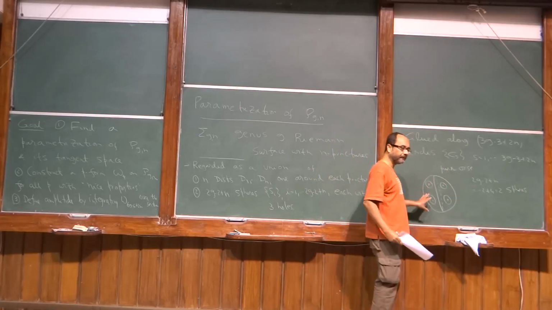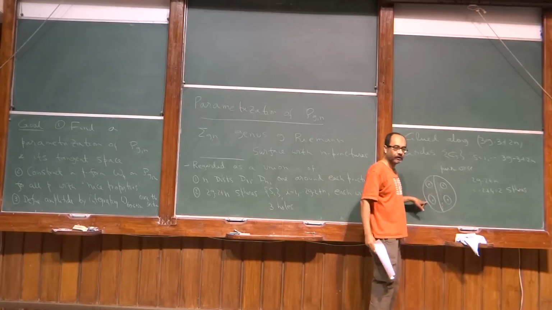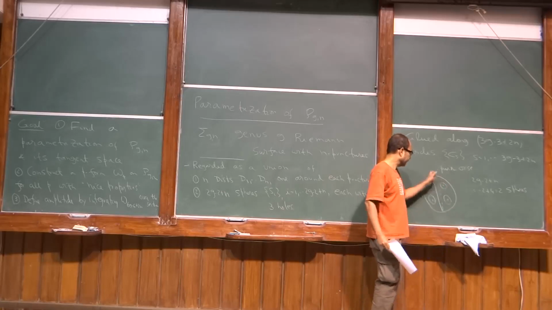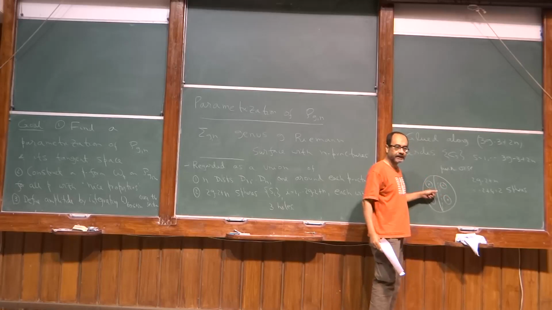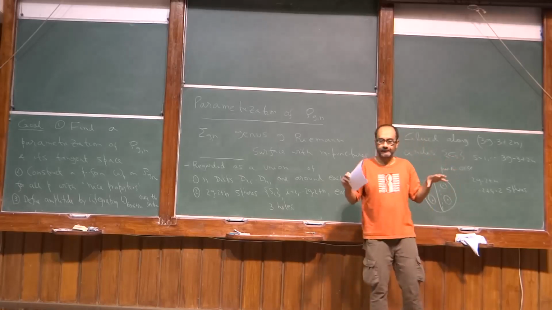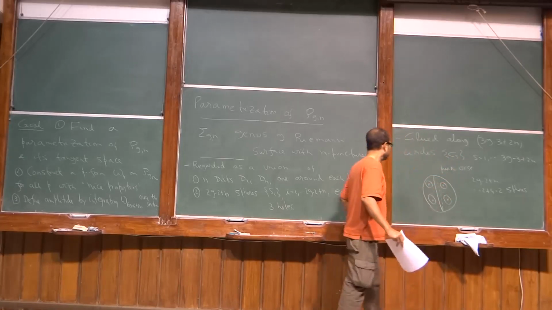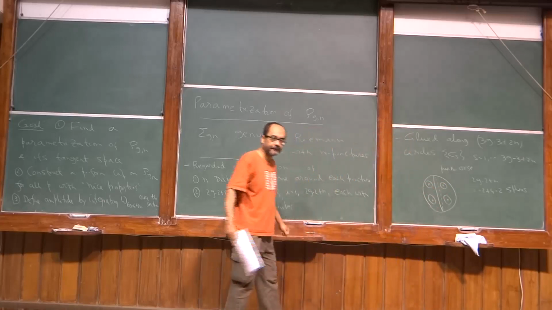Then the left half has a structure of a sphere with 3 holes. This is one hole, this is a hole, and this is a hole. The right side is a sphere with again 3 holes. So it's a collection of 2 spheres each with 3 holes and 4 disks. This is what one means by this technique.